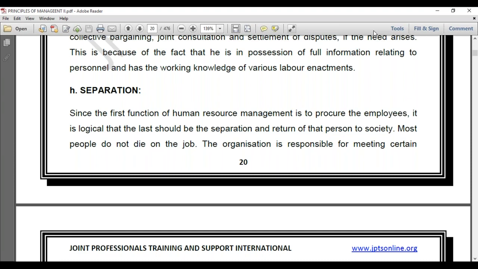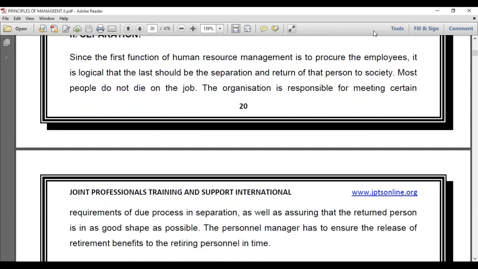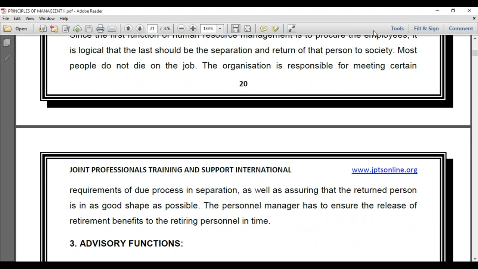So a human resource manager has a role to play when it comes to separation of employees from the organization. It is logical that the last should be the separation and return of that person to the society. Most people do not die on the job. They serve up to their retirement age. So the organization's responsibility is to meet certain obligations and requirements of due process of separation.